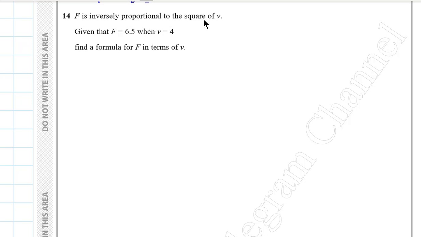F is inversely proportional to the square of v. We can translate this mathematically to be F equals k over v squared. Given that F equals 6.5 when v equals 4, we can get k, of course. k will be 6.5 times 4 squared, which is 16, so 104.